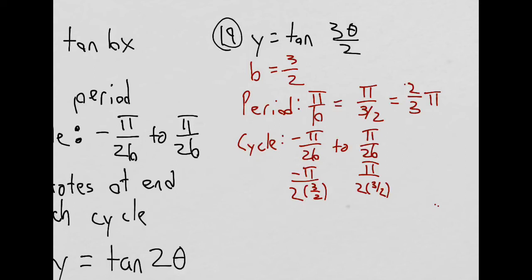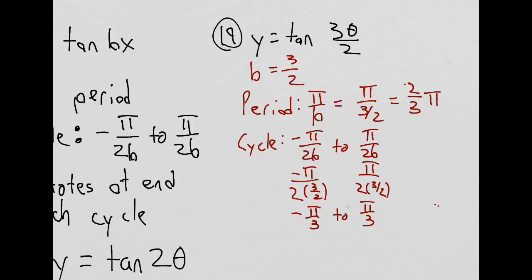And so your two asymptotes are going to be negative pi over 3, and your other one's going to be positive pi over 3. All right? And you notice that the distance between these two is 2/3 pi, and that's your period. Okay, so you always should have that relationship. So this is the location of your two vertical asymptotes.